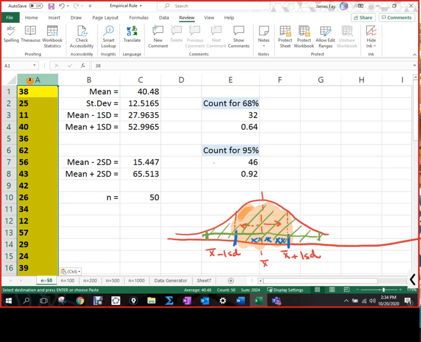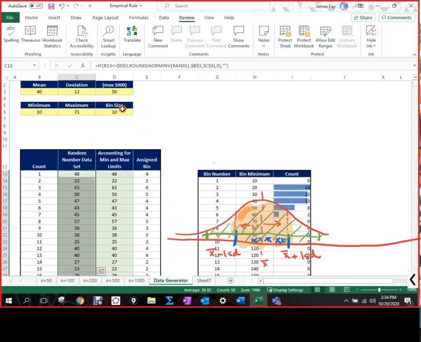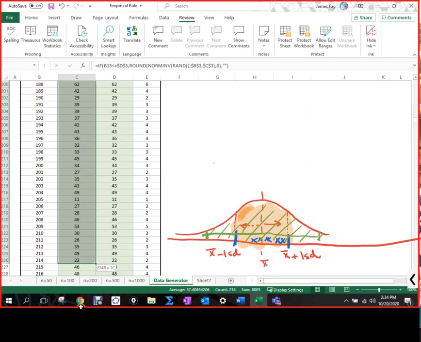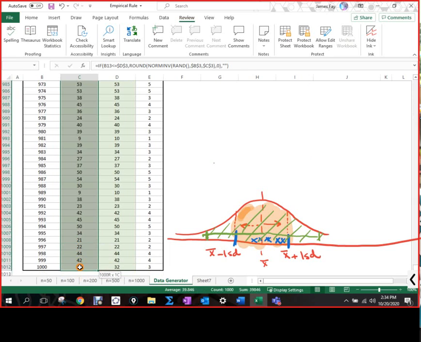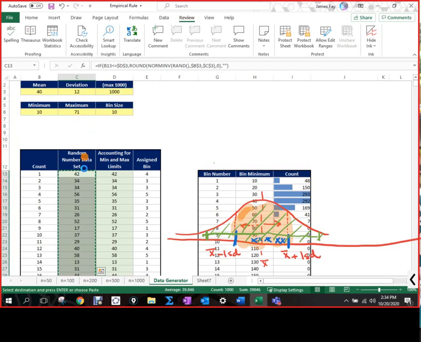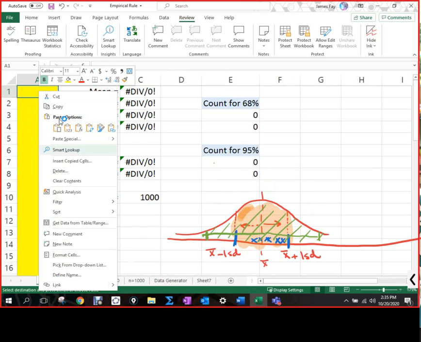Let's go ahead and change this to 1,000, and we'll generate a list of 1,000. Okay, so I'm going to paste those values in.